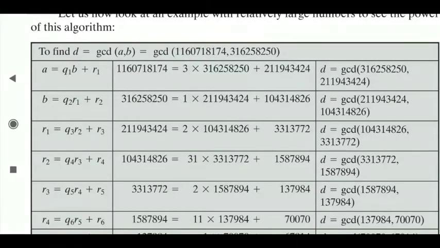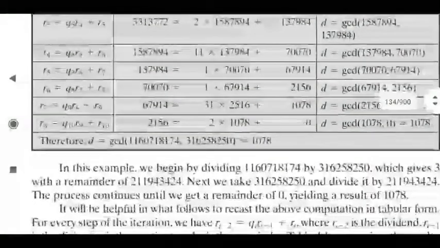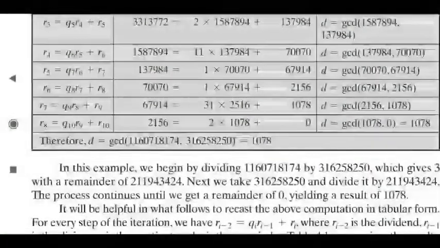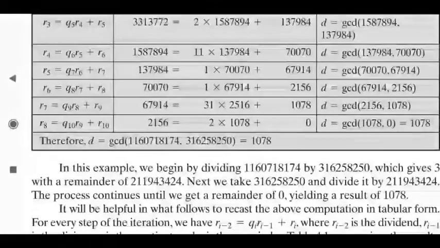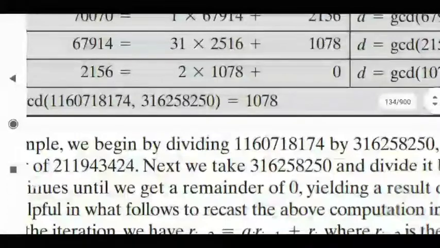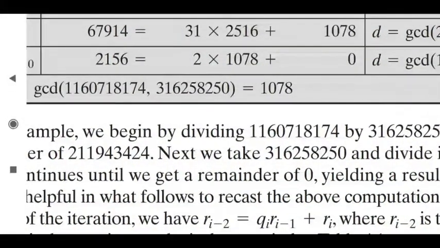You can see A is 116071181174 and B is 316282550, but we will find the greatest common divisor within the 8th step. See, at R8 we will get the GCD, it is 1078. Okay, this is the advantage of the Euclidean algorithm.